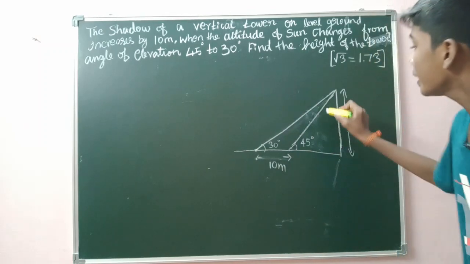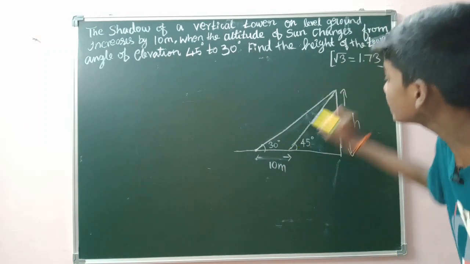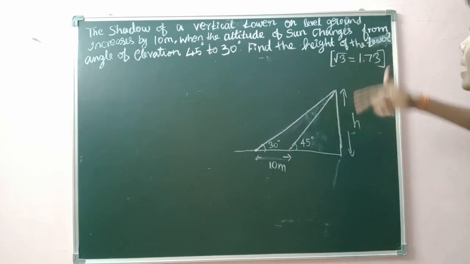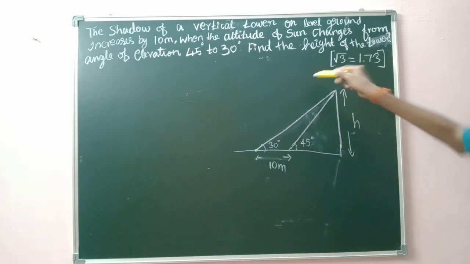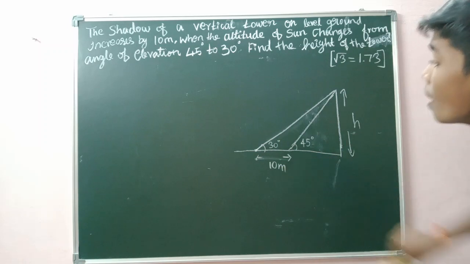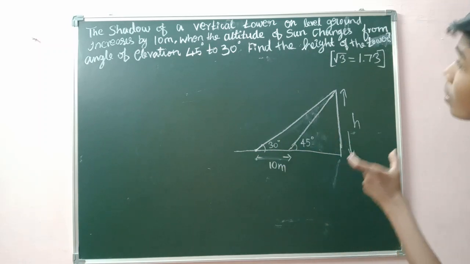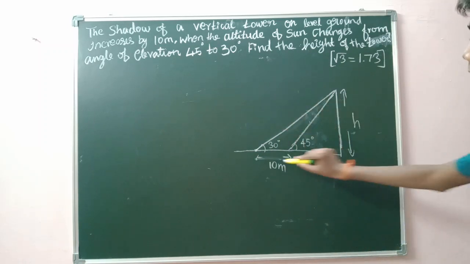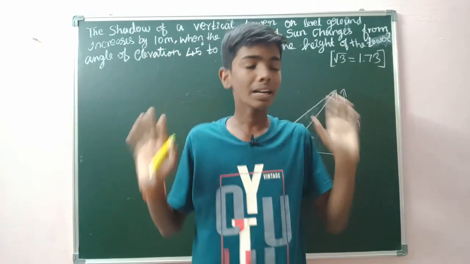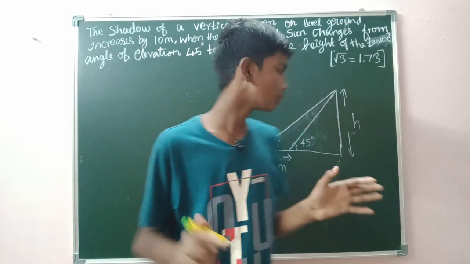So now this is the shadow and this shadow makes the angle of elevation 45 degree. And then the altitude of sun changes, therefore the angle of elevation decreases to 30 degree but the shadow increases by 10 meter. That is something given in the question. This understanding is enough to solve this question, okay?